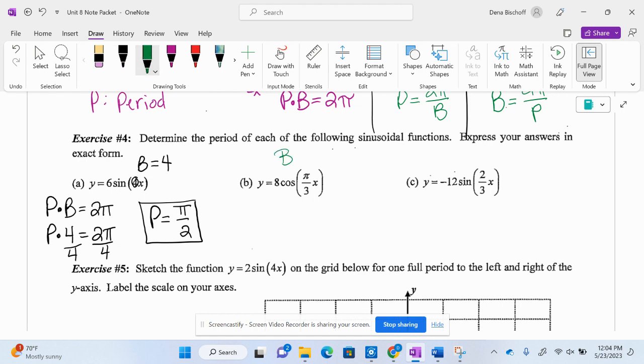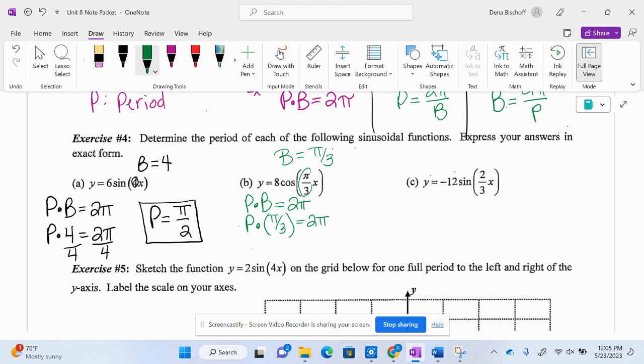What is my frequency? It's pi over 3. So let's see, I know that the period times the frequency has to equal 2 pi. So the period times the frequency, which is pi over 3, has to equal 2 pi. How do I get rid of this fractional coefficient?